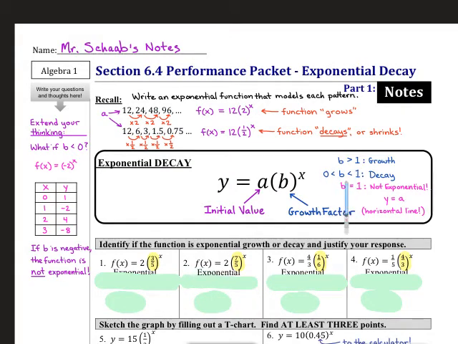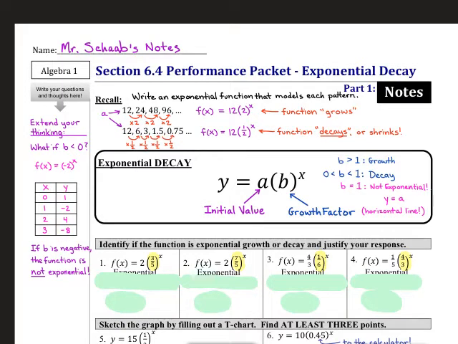And here, this expression means b is between 0 and 1. Just a sidebar: if b is negative, or b is less than 0, like negative 2 raised to the x, it does not form an exponential function because the signs keep changing. We can't have that. We would keep going back and forth between negative and positive, negative and positive.